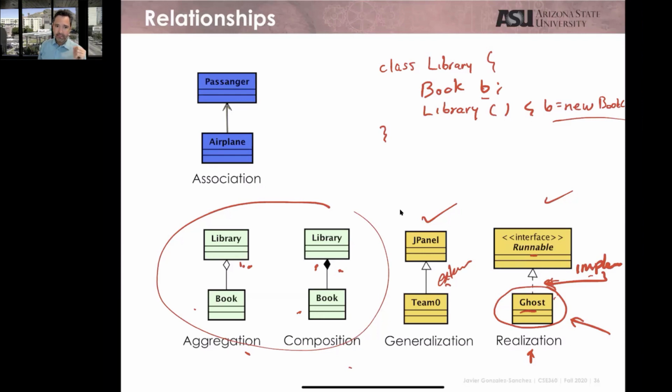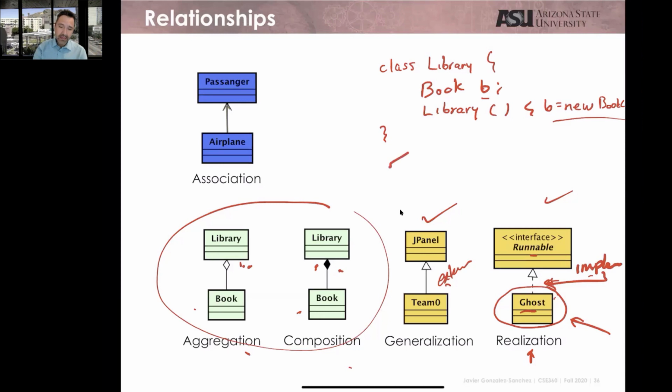And the answer is no, because when you create the Library, you are going to run the constructor for the Library. And when you run the constructor for the Library, in the constructor, you are creating the Book. Always, always, always, the Library is going to exist with the Book. And it's not going to be null, never.